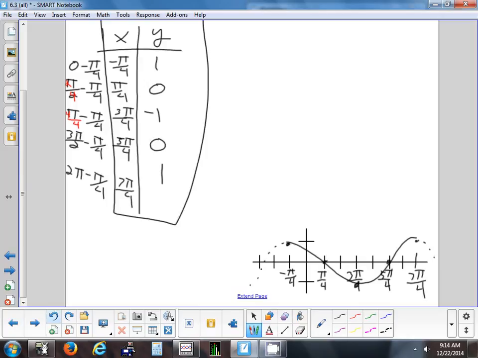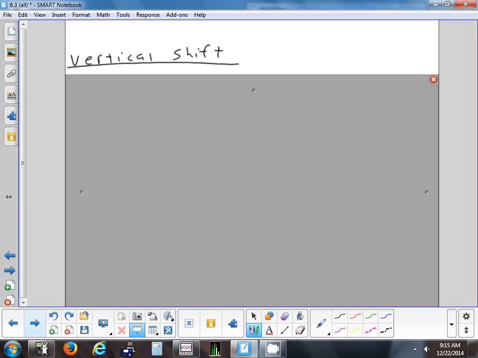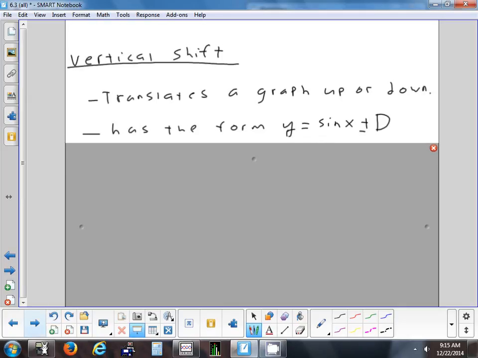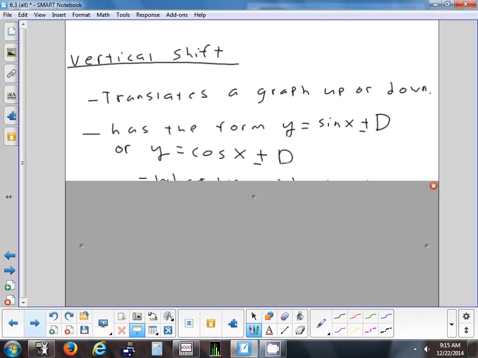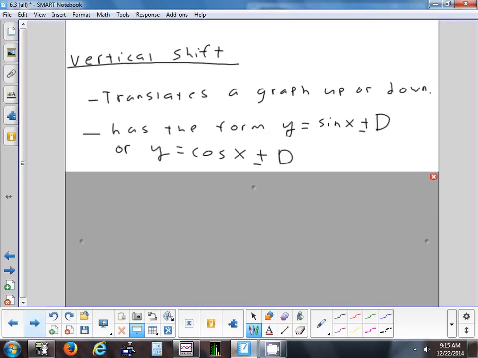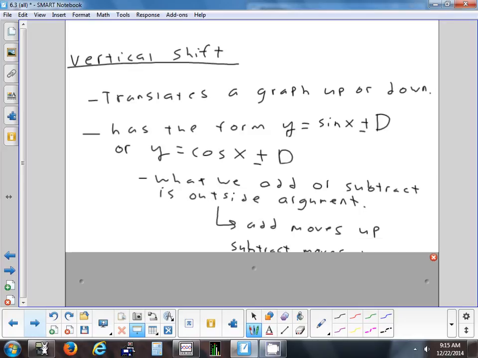So if you did it in degrees, it'd be 0, 90, 180, 270, 360. And the y values: 3, 2, 1, 2, and back to 3. On the homework, I'm going to give you a grid so it'll be easier for you to sketch. And that's the graph of cosine x plus 2. Any questions on that?